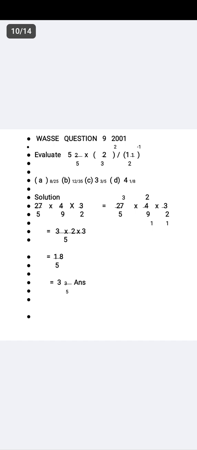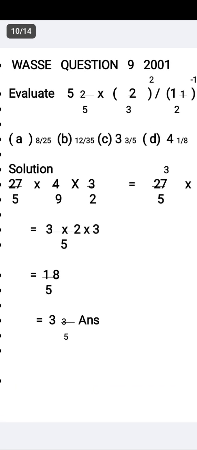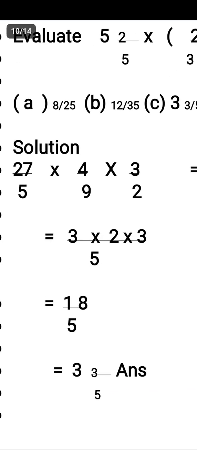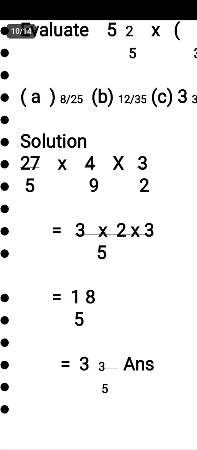Okay, let me ask you a question. Why did we have 3 over 2, that is 27 over 5 times 4 over 9 times 3 over 2, instead of it being 2 over 3? Yes, you are right. By the time we take the reciprocal of that number, it is 2 over 3.